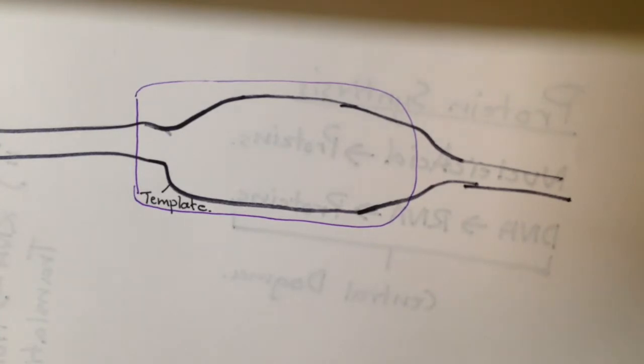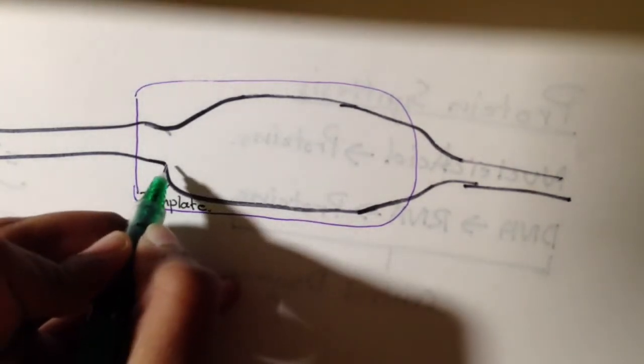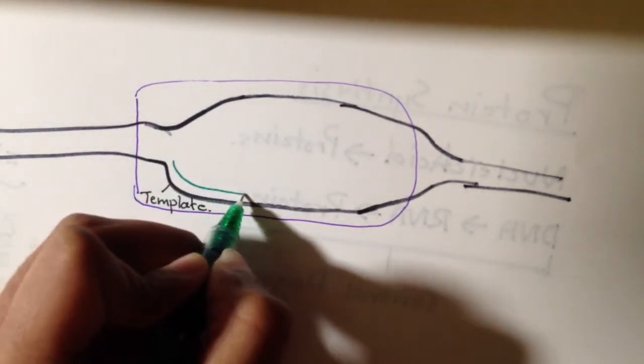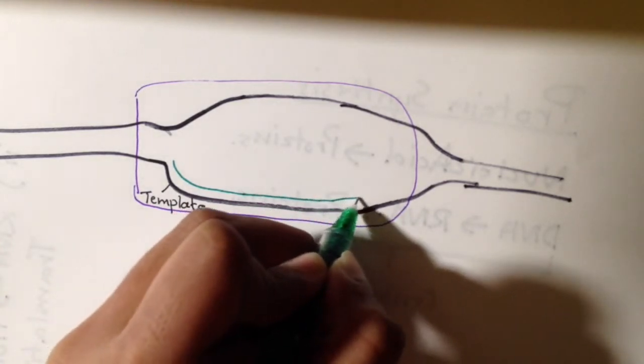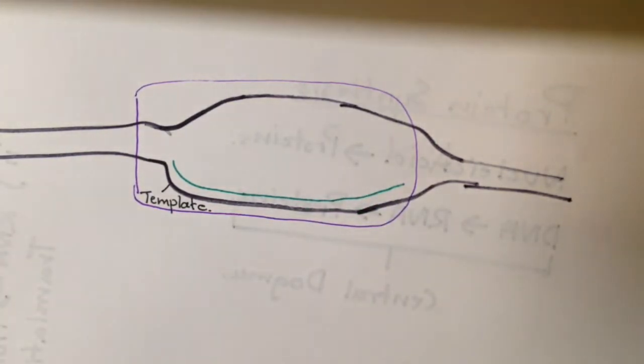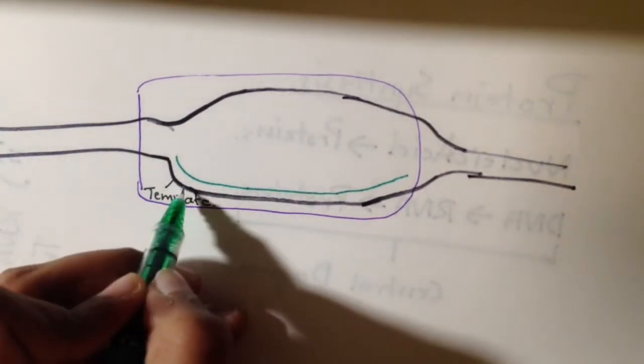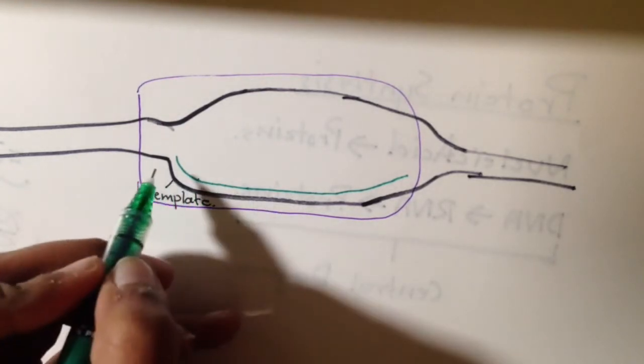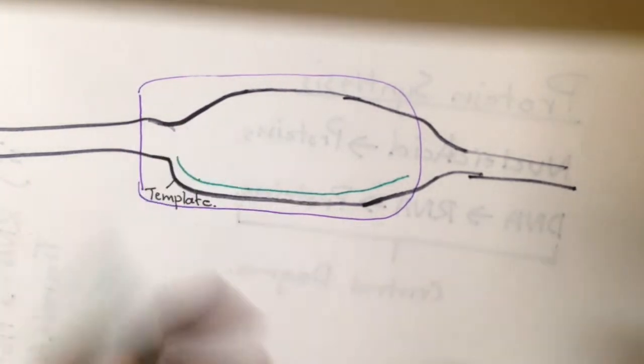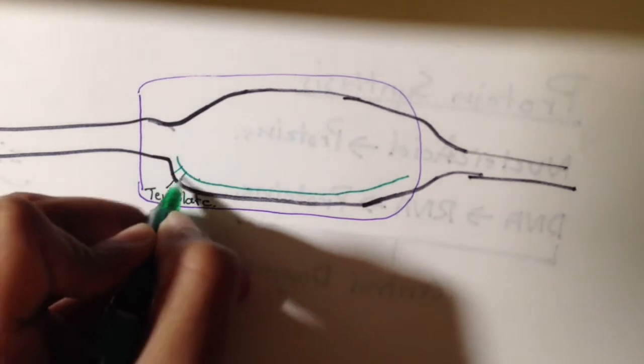What RNA polymerase does is it creates another strand of messenger RNA to copy the code, or the opposite of the code, on the template strand. So the opposite of the code of the template strand is essentially going to be the same as the code in the non-template strand.